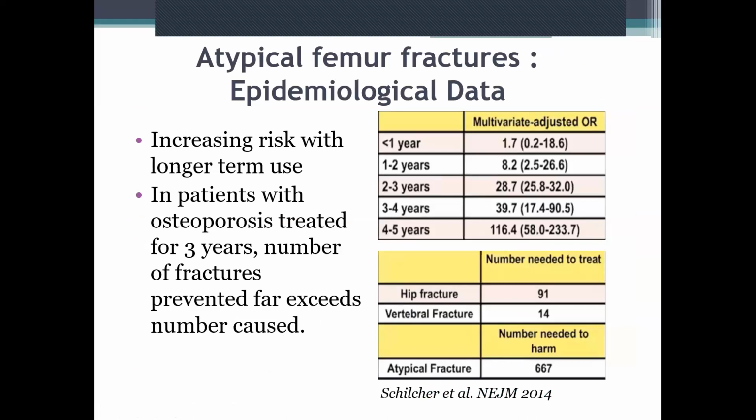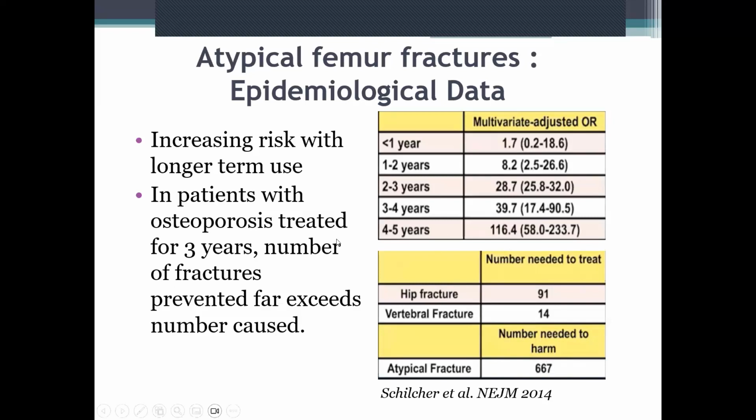And this is what I mentioned about the incidence. So usually with prolonged long-term use, but you can see that the benefit outweighs the risk. So the number needed to harm is about 667, but for patients, the number needed to treat is about 91, and for vertebral fractures, about.